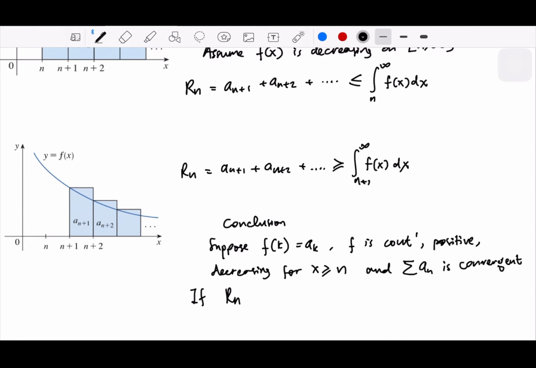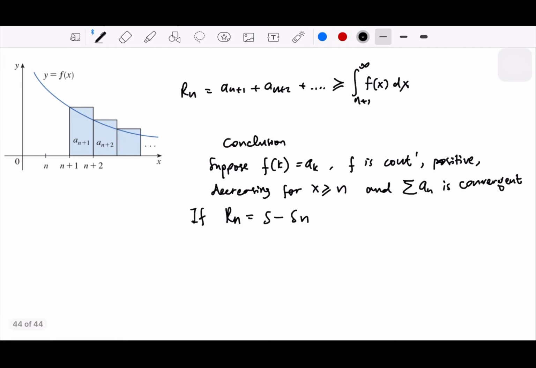If Rn is S minus Sn, then we can set up integrals: the integral from n plus 1 of f of x dx is less than Rn, and Rn is less than the integral from n of f of x dx.